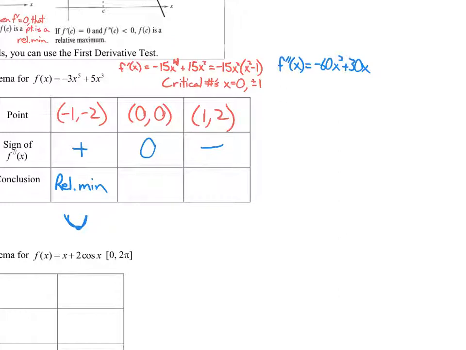We weren't asked for concavity, but if I took out a negative 30x, I'd have 2x squared minus 1. So x would equal 0 or plus or minus radical 1/2. Oh, so it's different. The only one that's the same is 0, 0, because if the first derivative is 0 and the second derivative is 0, I know that point is a plateau.